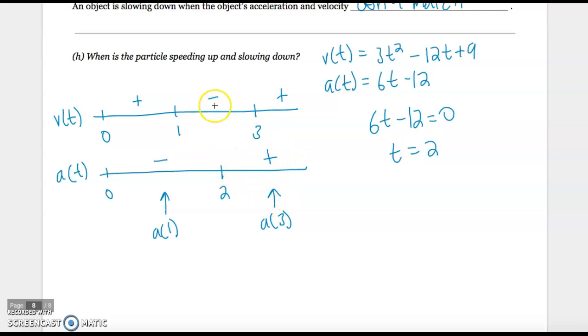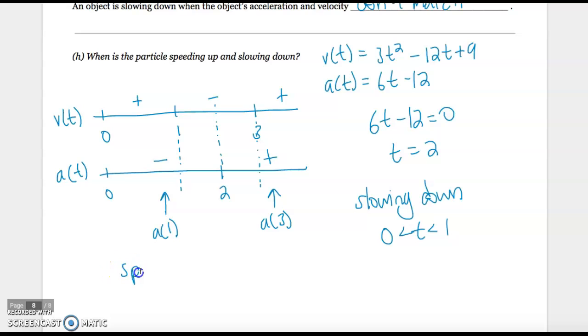Okay, so now we're going to compare these two things and what's happening here. From 0 to 1, my first dotted line, my velocity was positive, but my acceleration was negative. So that's going to go in the slowing down category. I would say from 0 to 1 second, my particle was slowing down. And then from 1 to 2 seconds, my acceleration is still negative and my velocity is negative now.